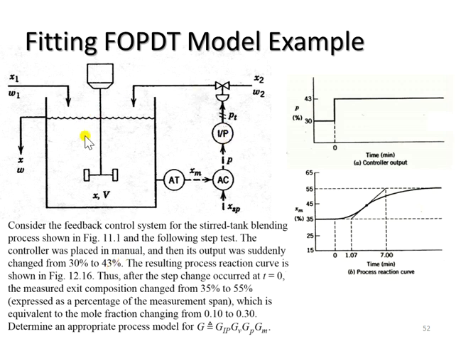If we look at this diagram, this is the controller, and P is the controller output, XP is the set value, and XM is the process variable which is being fed into the controller. Under open loop, we will disconnect the controller from the rest of the system.